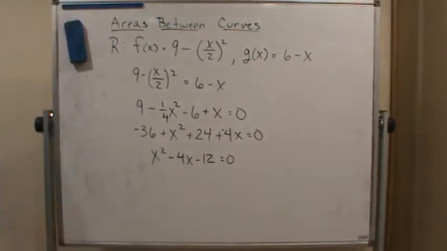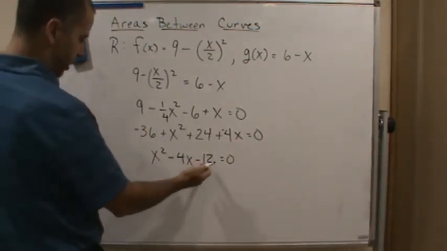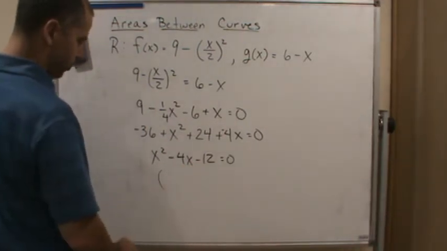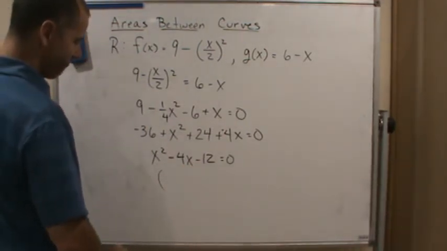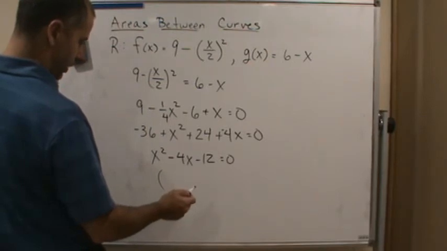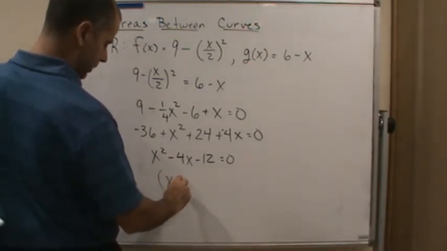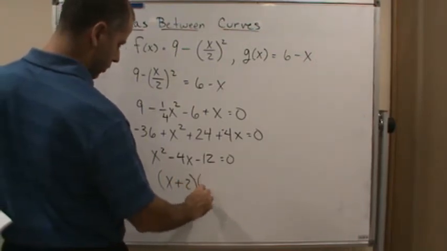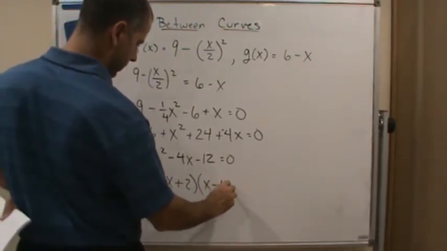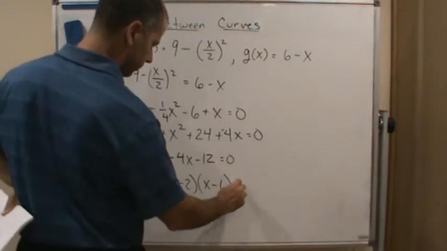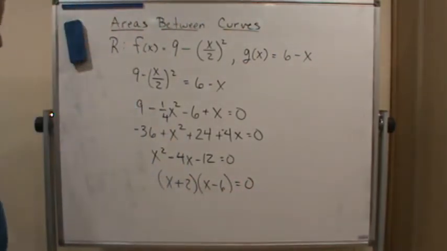And so now I can factor this. So what is this going to factor into? Well, this is going to factor into (x plus 2)(x minus 6).